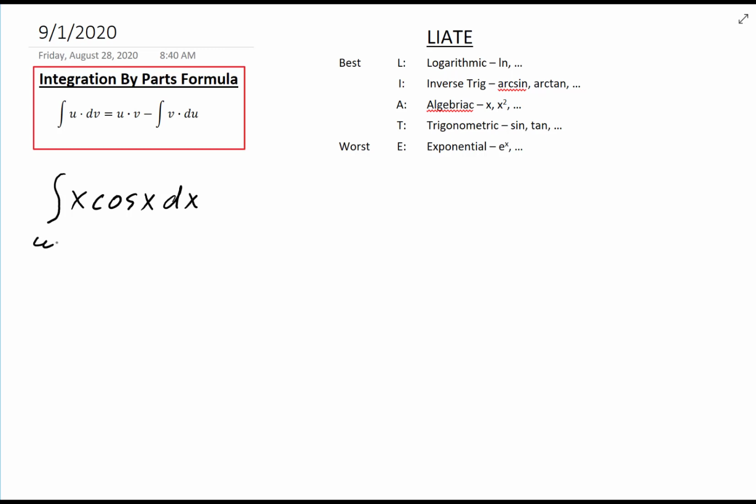So u is going to be x, and dv is the cosine of x dx. Now, to find v, we're going to integrate this formula. And let's see how that works.